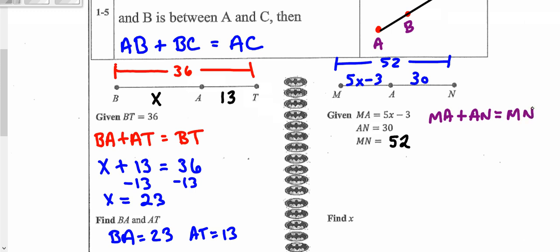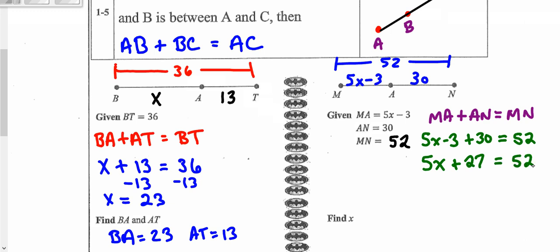So now let's go ahead and substitute our values. So we know that MA is 5x minus 3, so we'll write 5x minus 3 in that place, plus 30 equals 52. Now let's go ahead and let's solve this. So we'll take the negative 3 and the 30 and add those together. So we'll have 5x plus 27 equals 52.